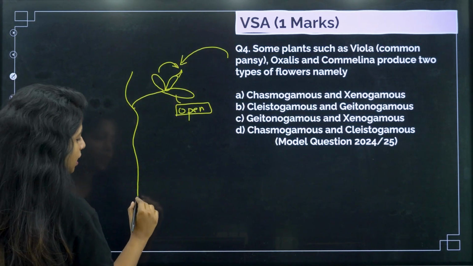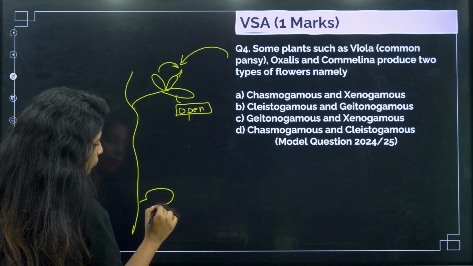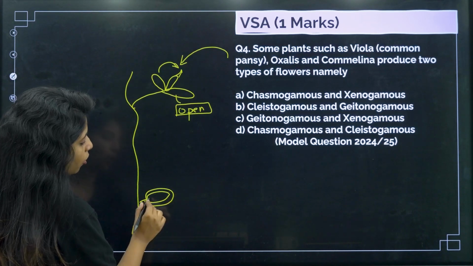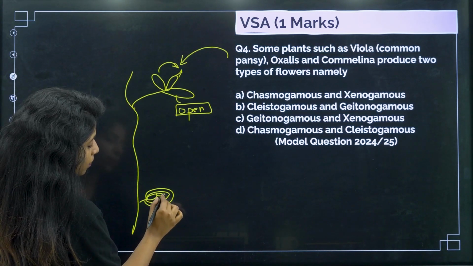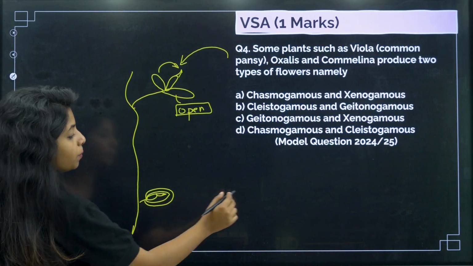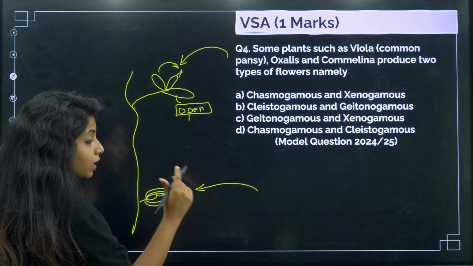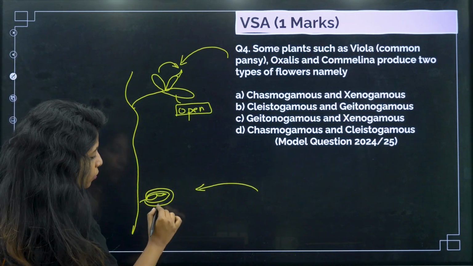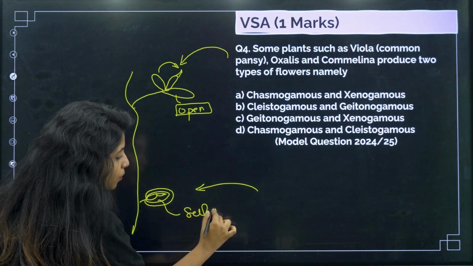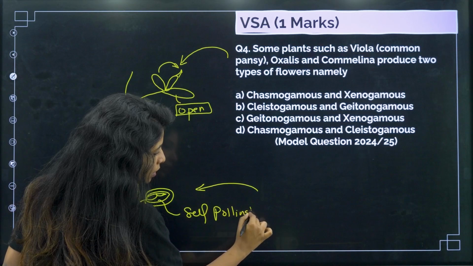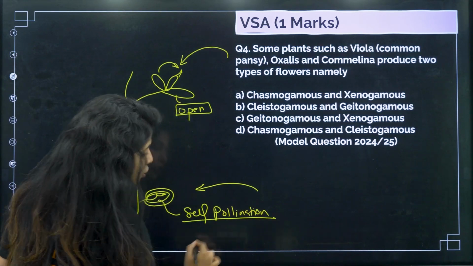And there will be certain flowers which are always closed, so over here what will happen? If they are always closed, I cannot bring other pollen grains over here. Do you think that cross pollination or anything can happen? No. Here always self pollination will be happening.